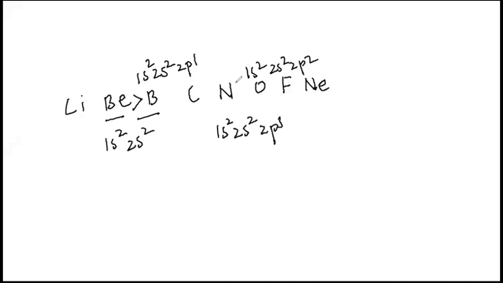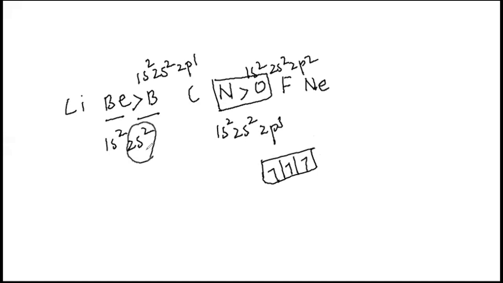If you take nitrogen and oxygen, nitrogen is going to show higher ionization enthalpy because of half filled p electrons, higher than the 16th group. Because of the completely filled s electrons, beryllium shows higher ionization enthalpy than boron.